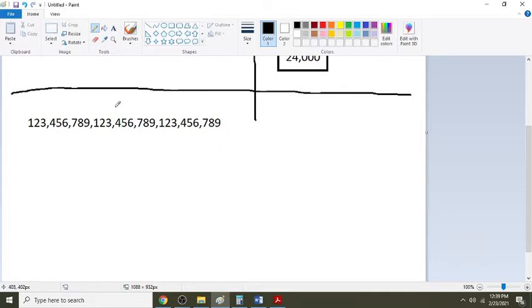You know the numbers are grouped into 3 digits. So this one is the ones, the tens, and the hundreds.